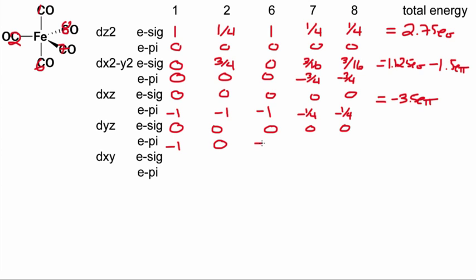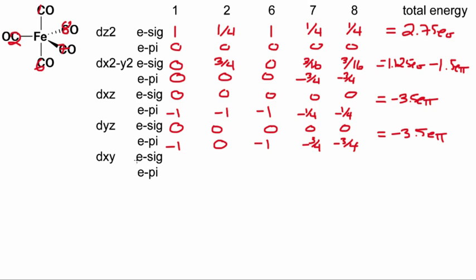For position 6, we will have a -1. For positions 7 and 8, we will have overlaps that provide a stabilization of -3/4 E pi in those cases. If we add all of these up, -1, -1, -3/4, -3/4, we get -3.5 E pi.